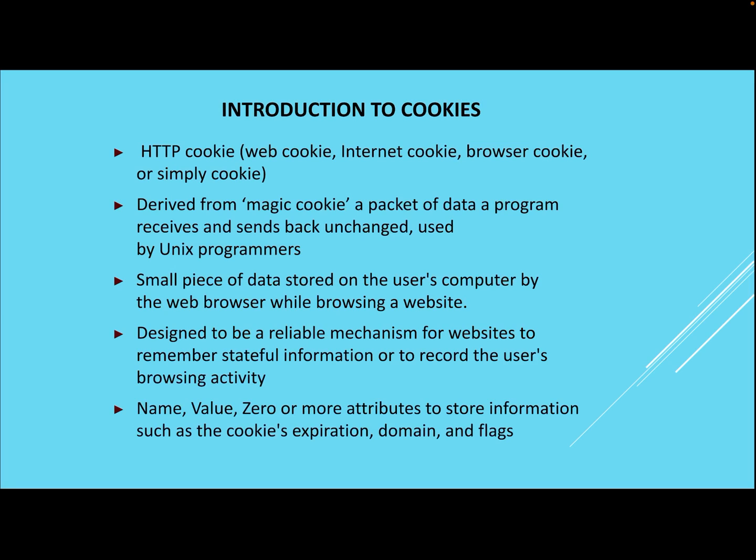For example, Google Chrome manages a maximum of 180 cookies, whereas Firefox, another web browser, manages a maximum of 150 cookies. So depending upon the web browser we are using, the number of cookies managed by a particular website and by a particular device at a time may vary. That depends upon the browser that we are using.